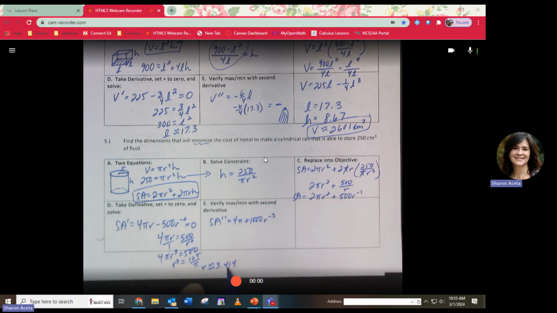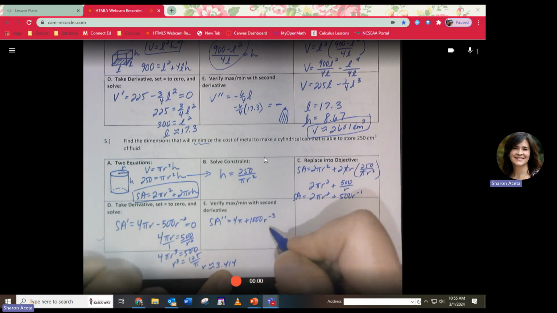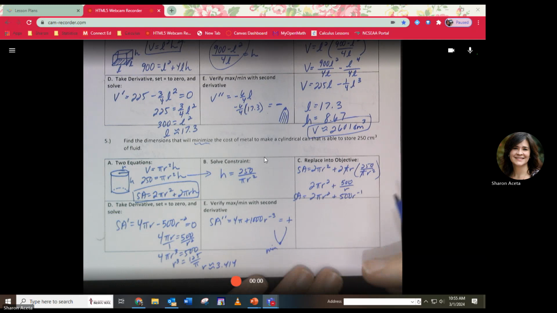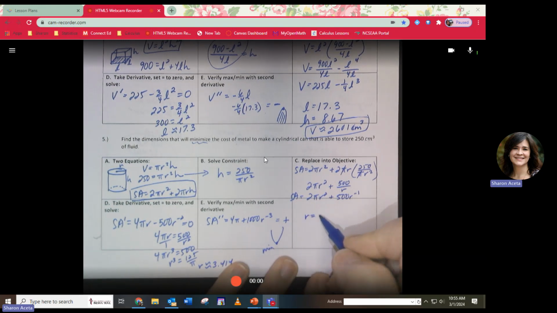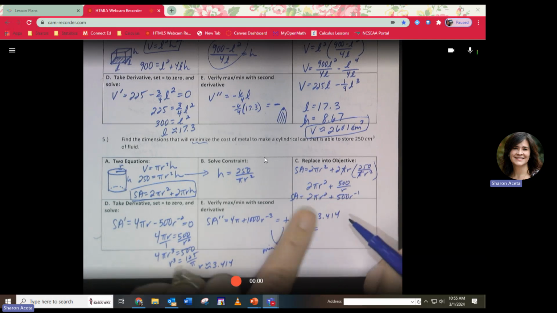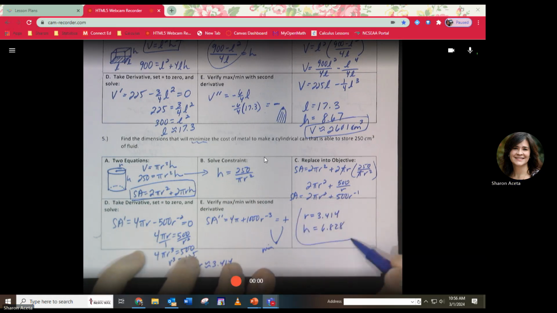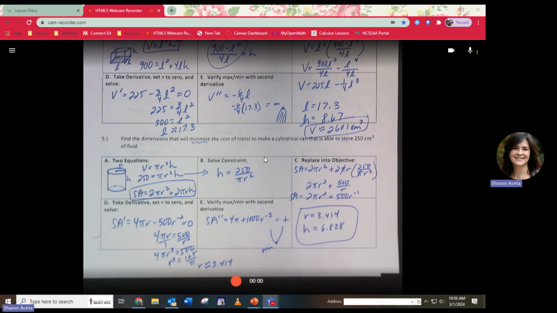And if you plug 3.4 in for r, you'll still have a positive number, which means you're concave up, which means you have a min. So my r is 3.414. My h, I would plug right back there, and I would get roughly 6.828. And that's part 1 of optimization. I'll do part 2 in the next video.